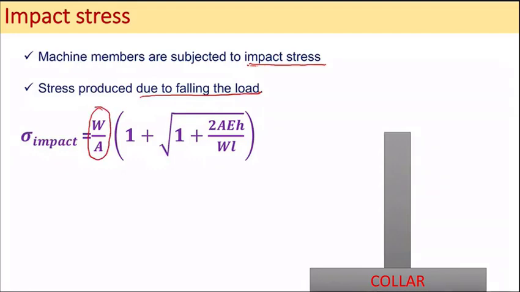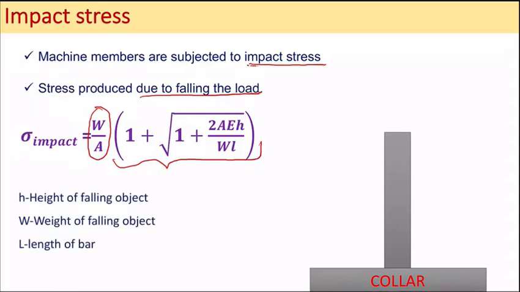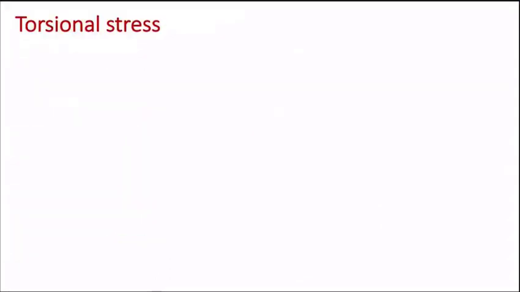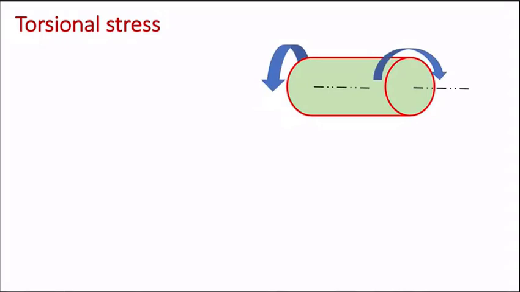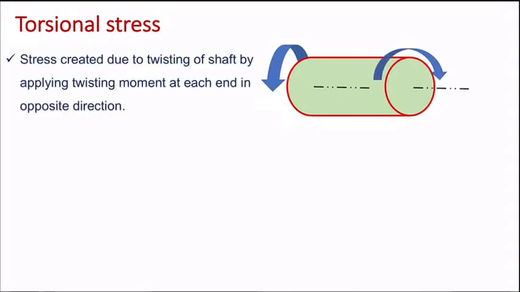Normal stress is calculated as load by area, and additionally we multiply this with the direct stress. We can find the impact stress. Here h is the height of the falling object, W is the weight of the falling object, and l is the length of the bar.